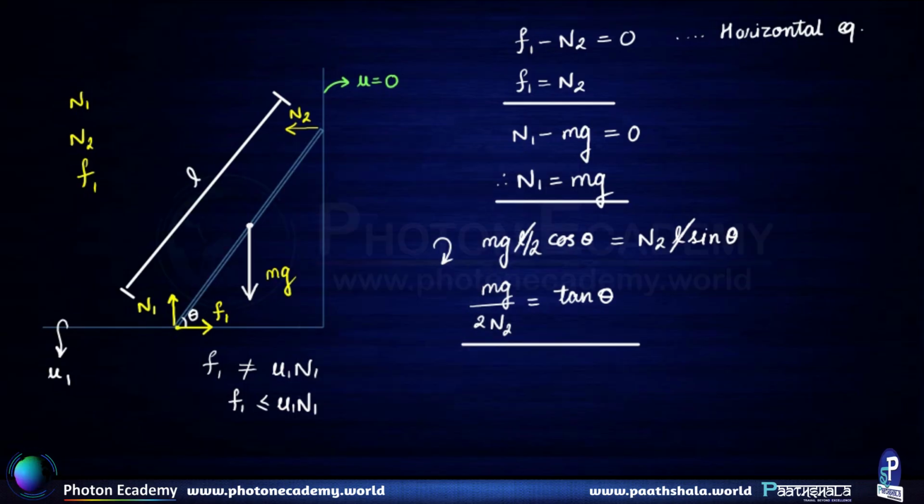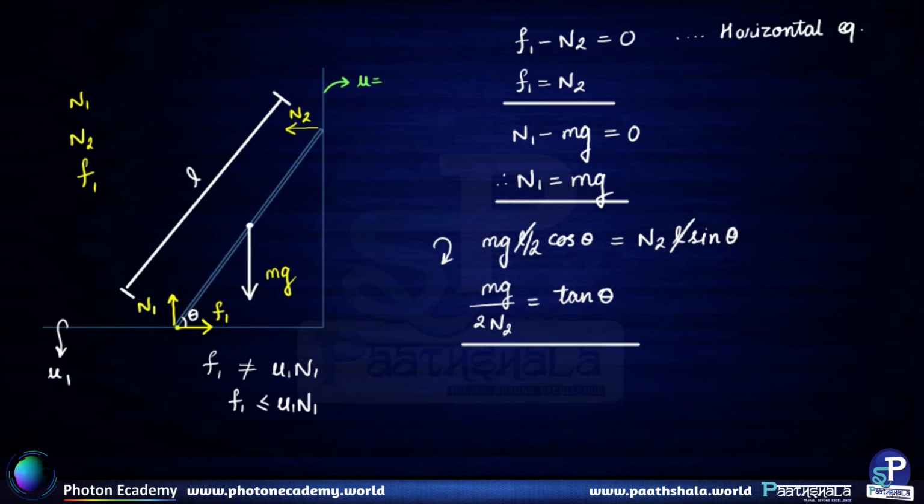A very interesting situation happens if the vertical surface also has friction. Let us say this mu were not to be 0 and if this mu were to be mu2 for the vertical surface, then there would be a friction F2 that would also act over here. Again, we do not know whether F2 is equal to mu2 N2 or not.